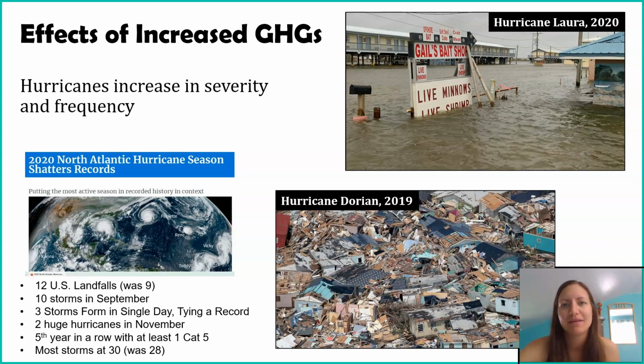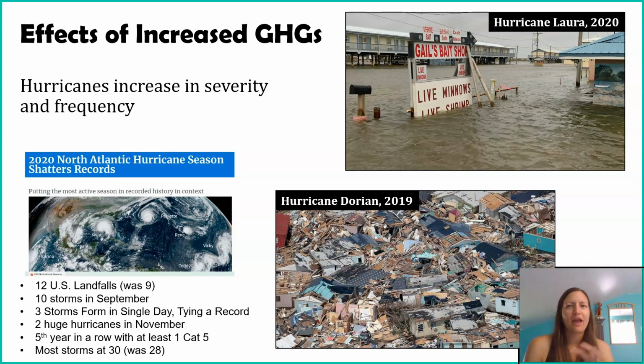So our economy is impacted by this as well. Other types of storms, nor'easters, typhoons, monsoons, while they might be impacted, just really aren't as much, because hurricanes have this close tie to warmer temperatures, particularly ocean temperatures.